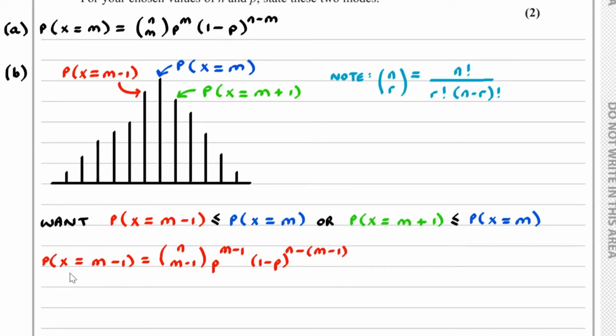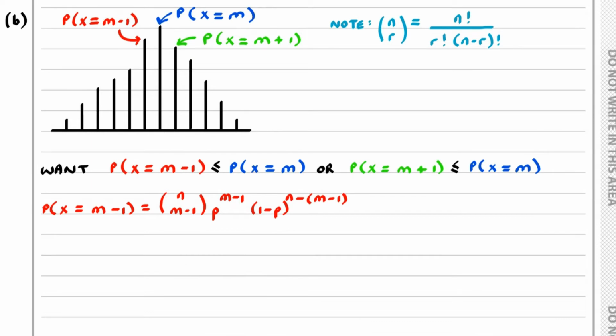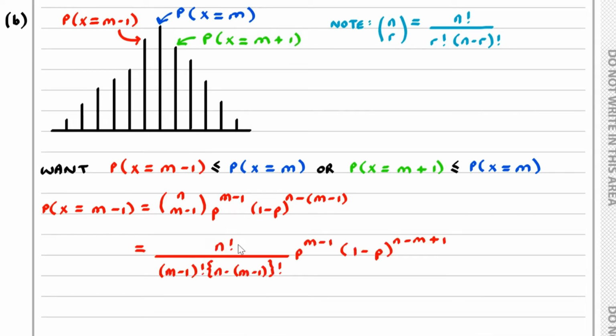The probability that x is equal to m minus 1, that's n choose m minus 1, multiplied by p to the m minus 1 times 1 minus p to the n minus, and then in brackets m minus 1. And if we simplify this, we have n factorial divided by m minus 1 factorial times n minus, and then in brackets m minus 1 factorial, multiplied by p to the m minus 1, multiplied by 1 minus p to the n minus m plus 1.